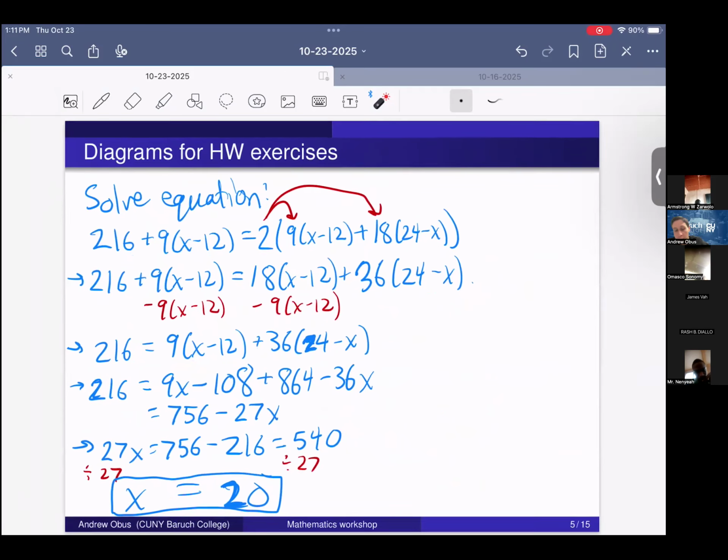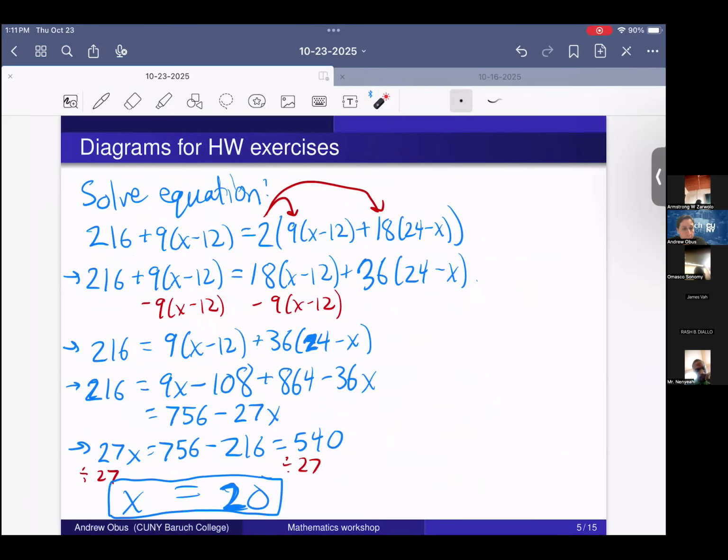That might make it a little easier to solve. Yeah, that's completely fine. Okay. Any other questions? Okay, so let's move on.